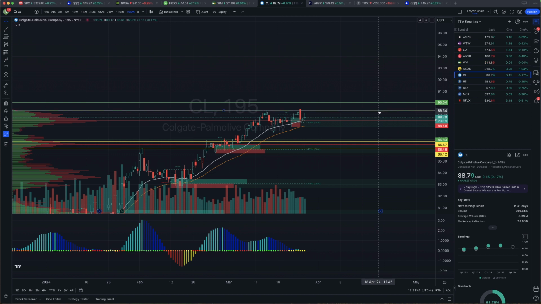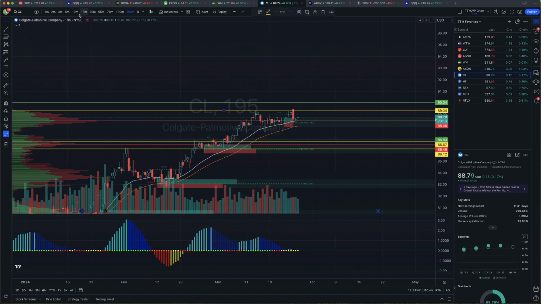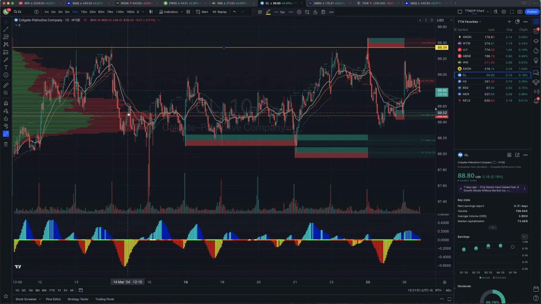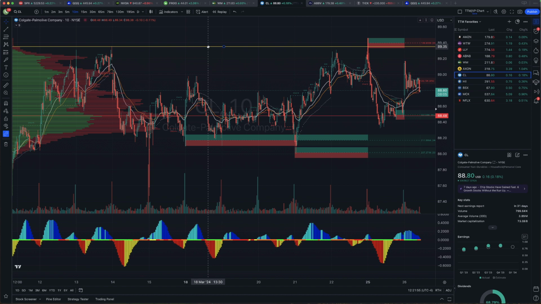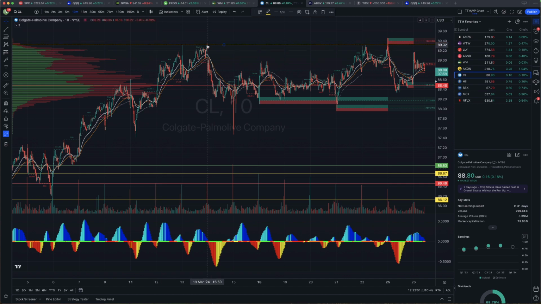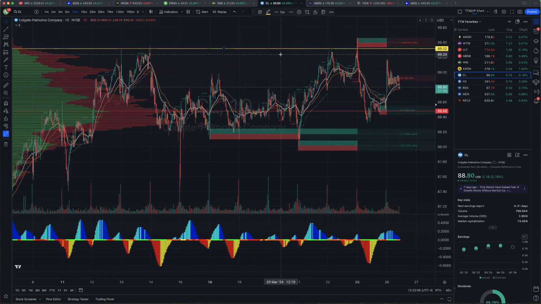Although it looks to me like we might have had a little fake false breakout here. Yeah, we did. Well, we've kind of had two. So we call that the top. Had a little tiny one there, and then we had this one here.